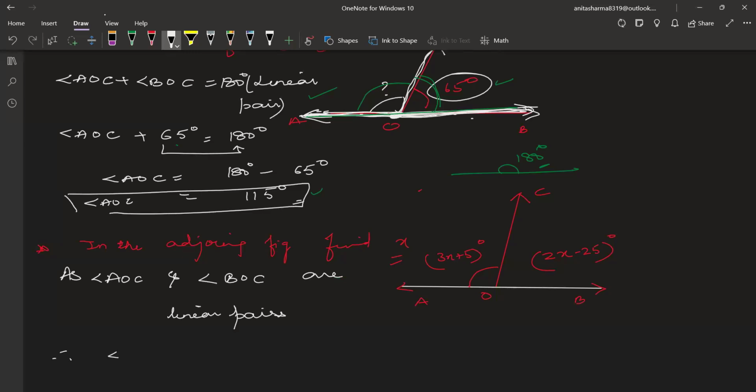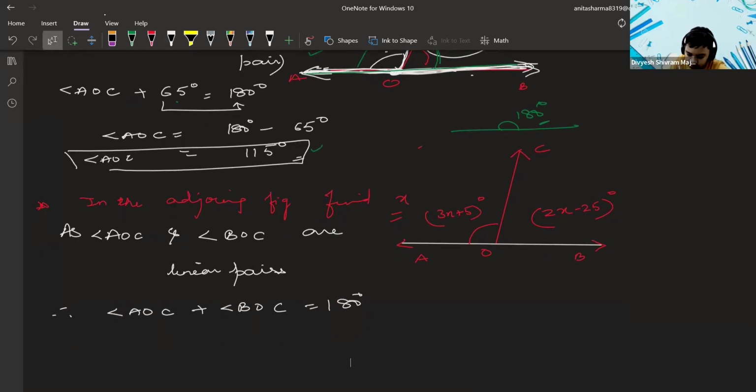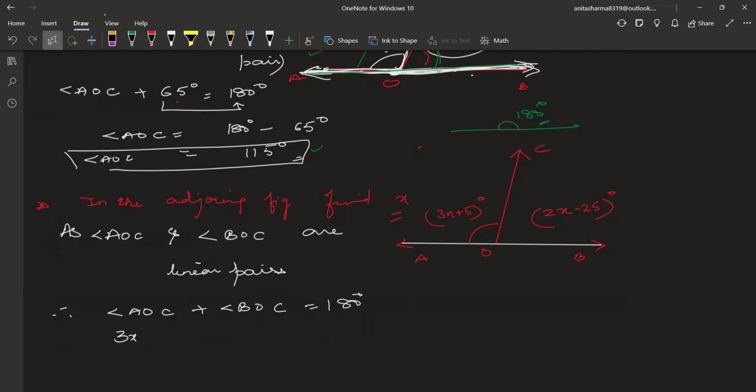Therefore, their sum should be equal to 180 degrees. Is it correct, children? Yes, ma'am. So angle AOC is 3x plus 5 degrees plus 2x minus 25 degrees is equal to 180 degrees.